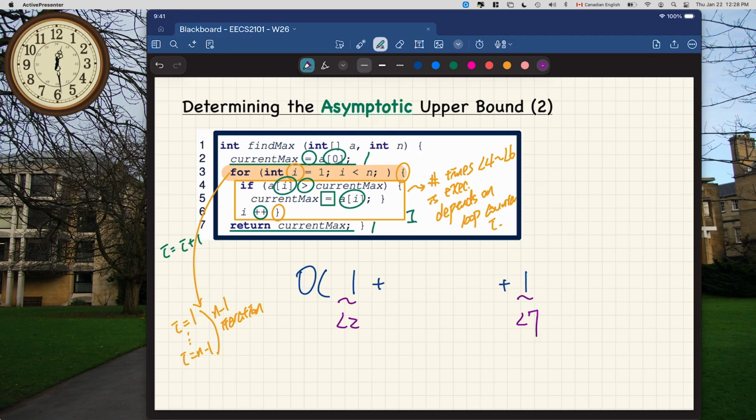So it's going to be n minus 1 multiplied by 1. So this one here, n minus 1, is about the number of iterations. And the 1 here is the block between line number 4 to line number 6.